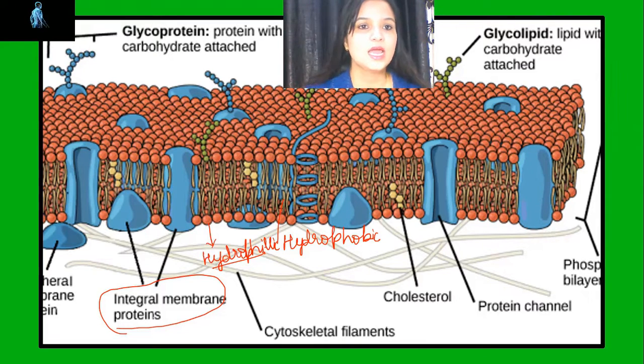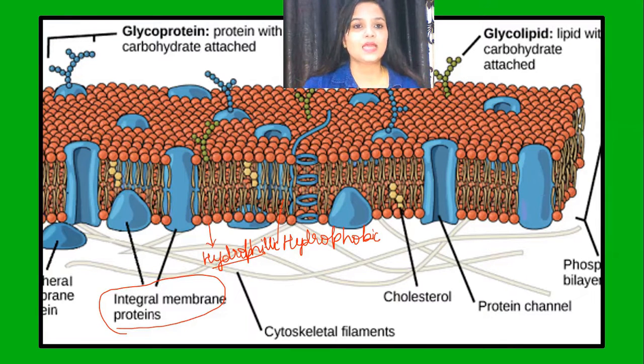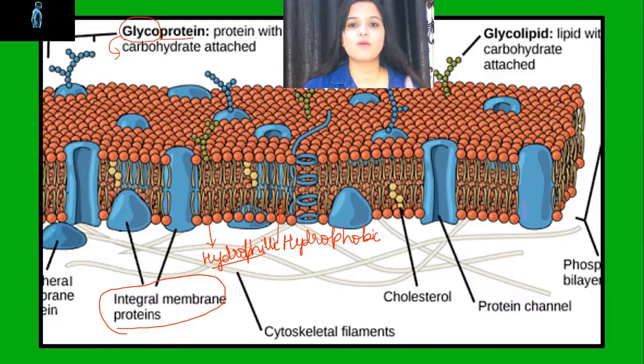Let's have a look at the glycoprotein and glycolipid. Glyco means carbohydrate, so when carbohydrate combines with protein, it will form glycoprotein. And when carbohydrate combines with lipid, it will form glycolipid.